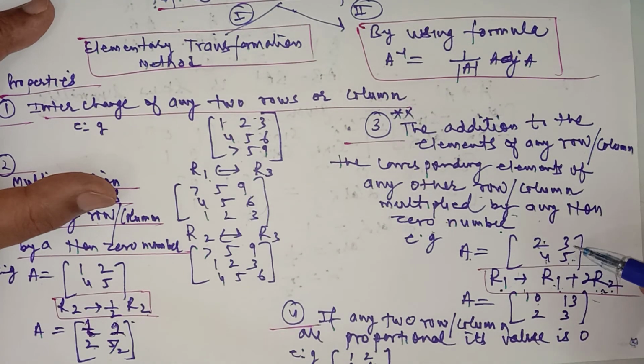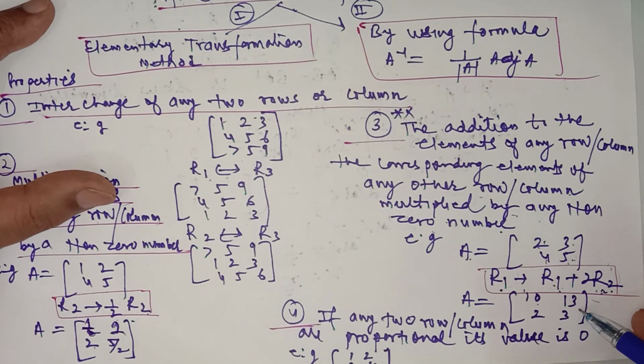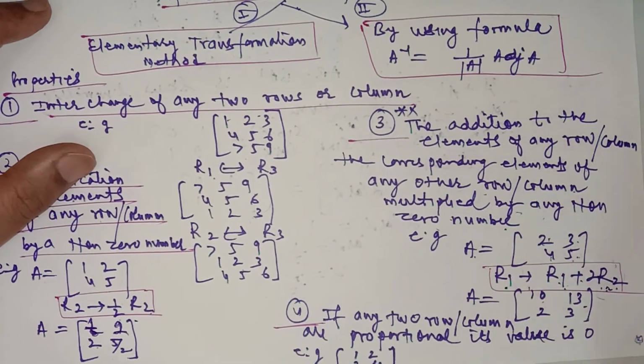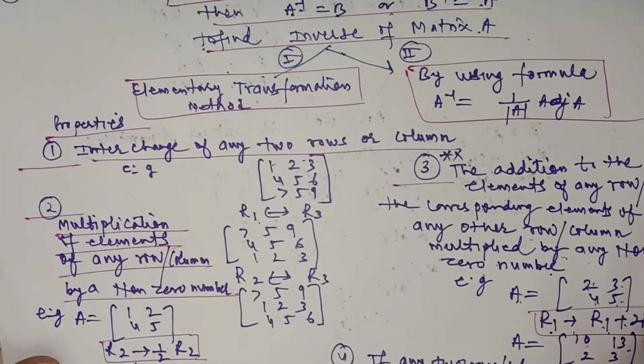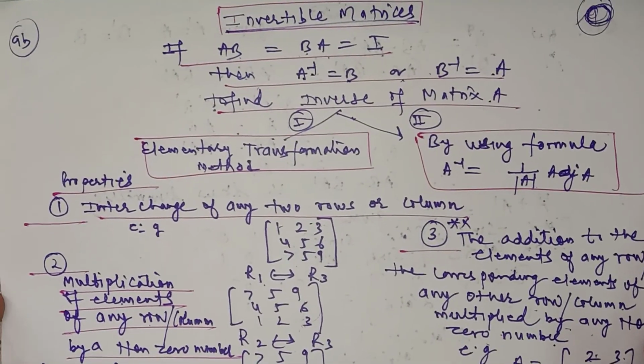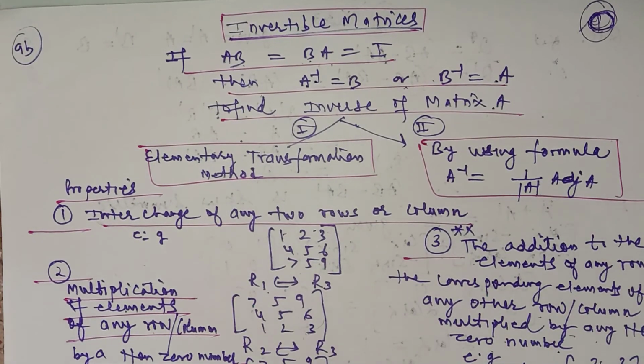If I add 10 to 3, it becomes 13. Similarly, we can subtract like this. Multiply any non-zero number to any row or column and add it to another row or column. This is the property we have to use. So these are the three main properties which will be used in the next exercise to find the inverse of a matrix by the elementary row or column transformation method.